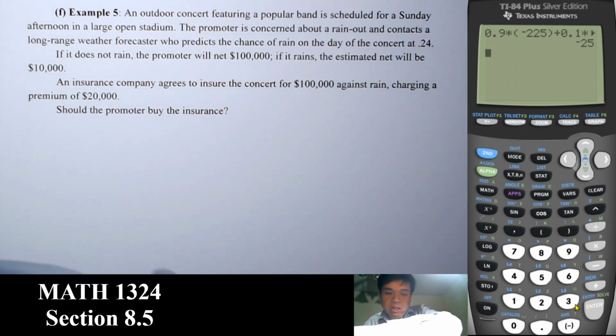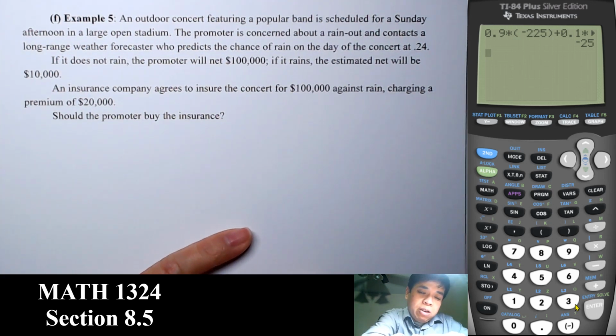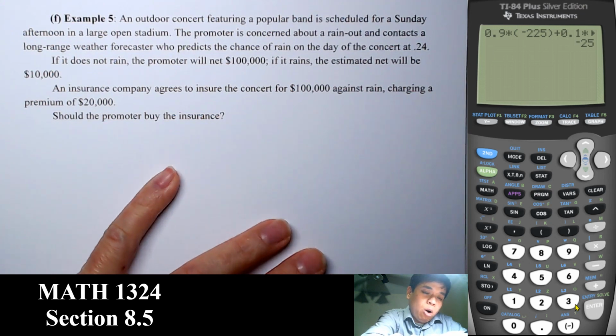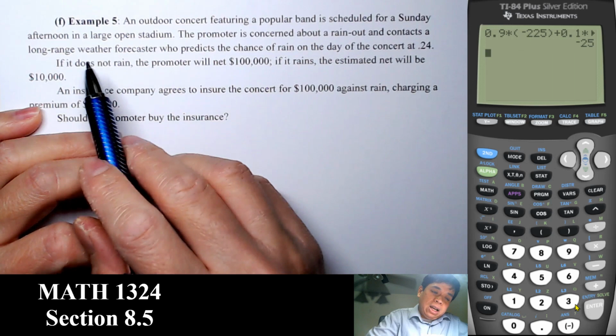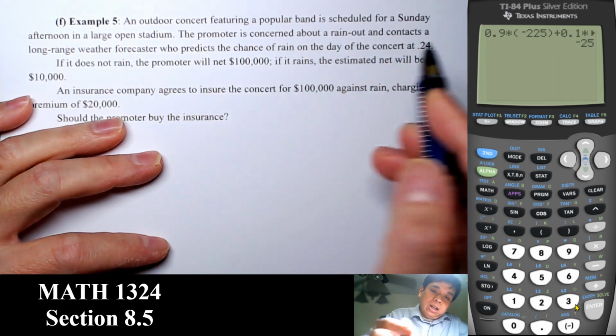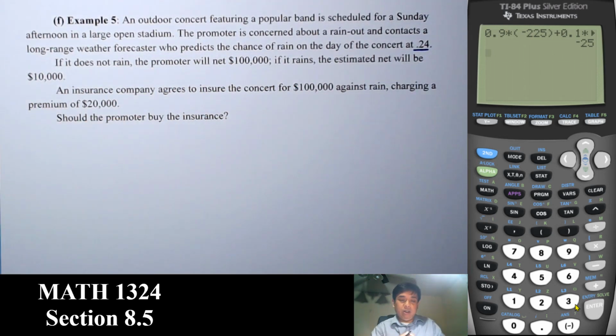Right. Let's look at this example. An outdoor concert featuring a popular band is scheduled on Sunday afternoon in a large open stadium. The promoter is concerned about the rain out, and the long-range weather forecast predicts the chance of rain is 0.24, so 24% that it will rain.